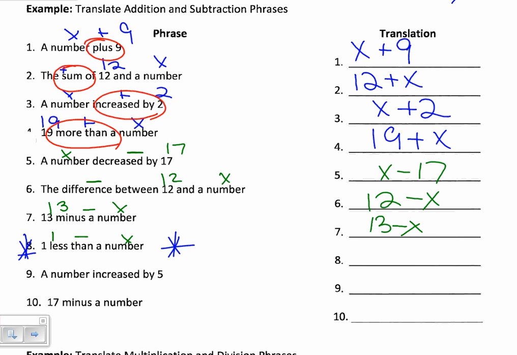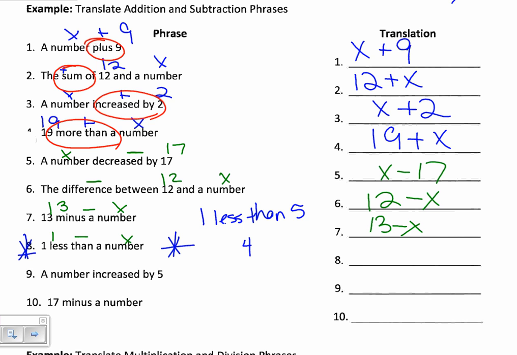Number 8 is backwards. If I was going to take, let's say, 1 less than 5, we know that 1 less than 5 is 4.